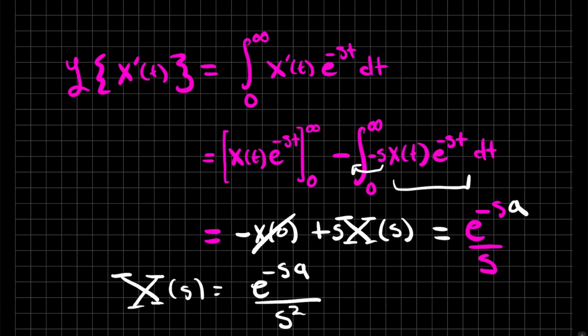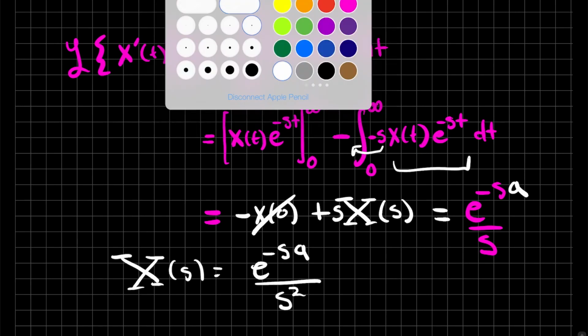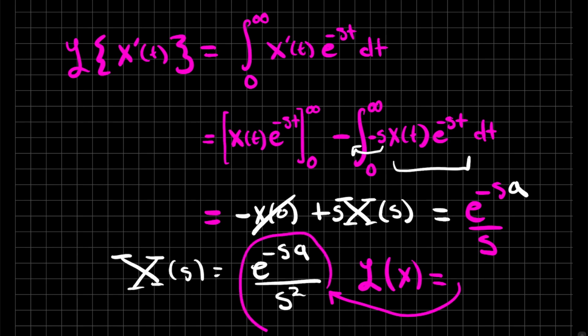So our goal is to find a function, lowercase x, such that when you take the Laplace transform, you're going to get this here in the circle. So we want to find such an x.